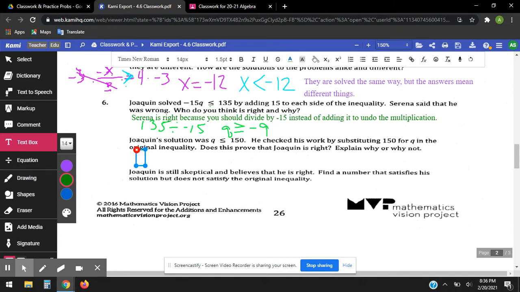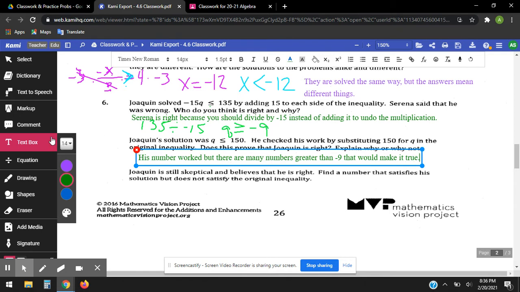So his number worked, but there are many numbers greater than negative 9 that would make it true. So that doesn't mean that's the only one.